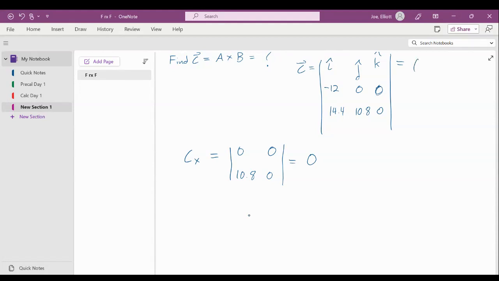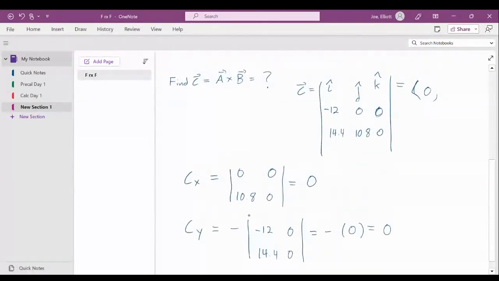So we have 0 for our X component. Okay, for our CY component, we're going to take the negative of a determinant by crossing out the top row and the middle column because Y is in the middle. And of course, that is also going to be minus 0, which is the product of the diagonals.